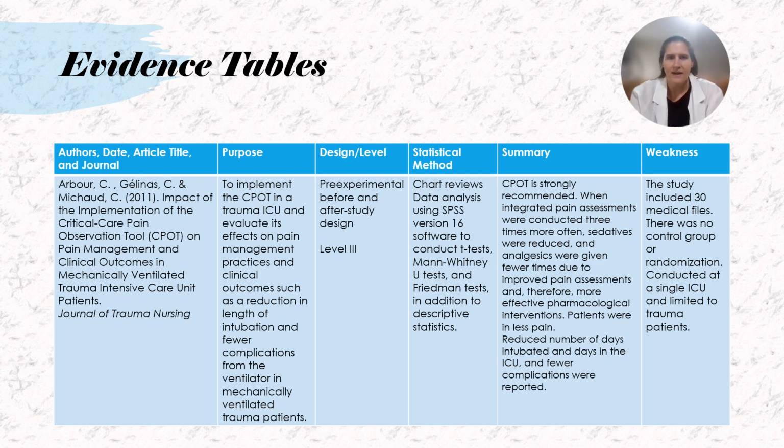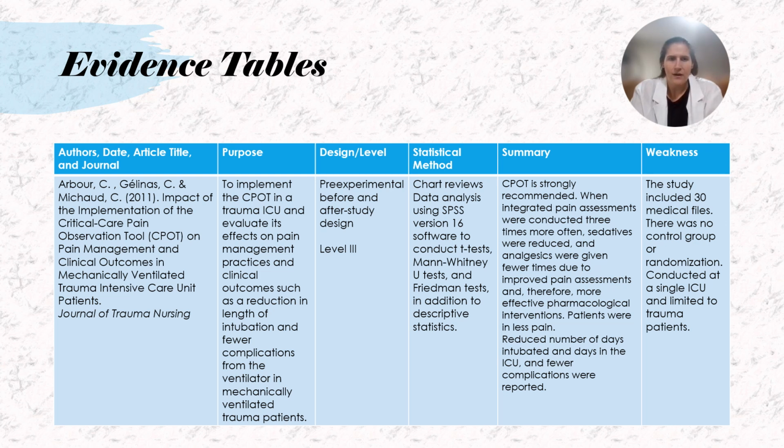Specifically, the study aimed to determine whether the use of this tool improved pain assessments, identification of pain episodes, administration of analgesics, and reassessment of pain after an intervention. Additionally, it examined whether these changes led to better clinical outcomes, such as a reduced duration of mechanical ventilation, fewer complications, and shorter ICU stays.